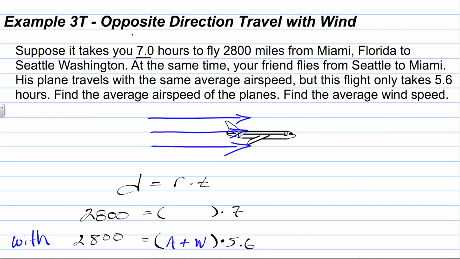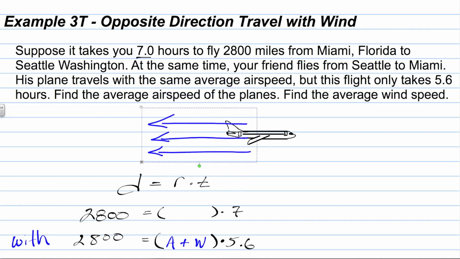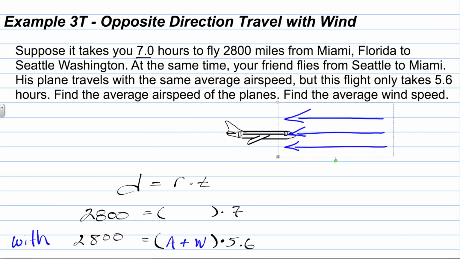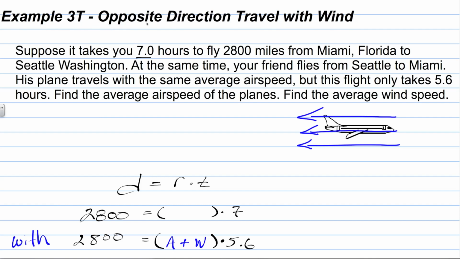If we turn that wind around, and you travel into the wind with the airplane, what that does is slow the airplane down. Even though it's traveling at 460 miles per hour, you actually end up slowing down because of that wind.